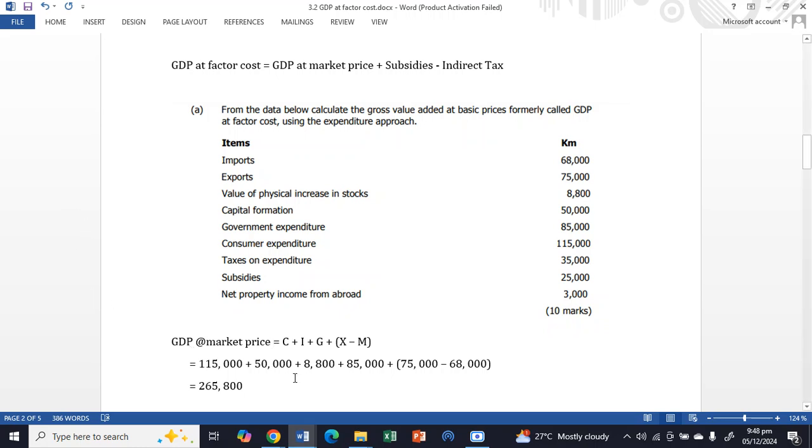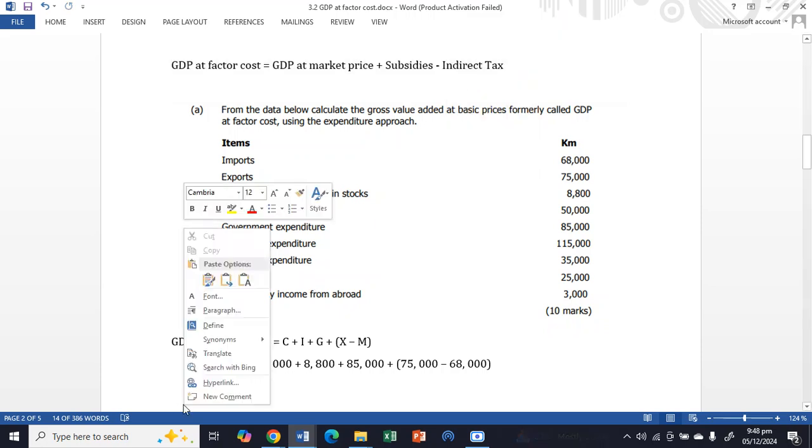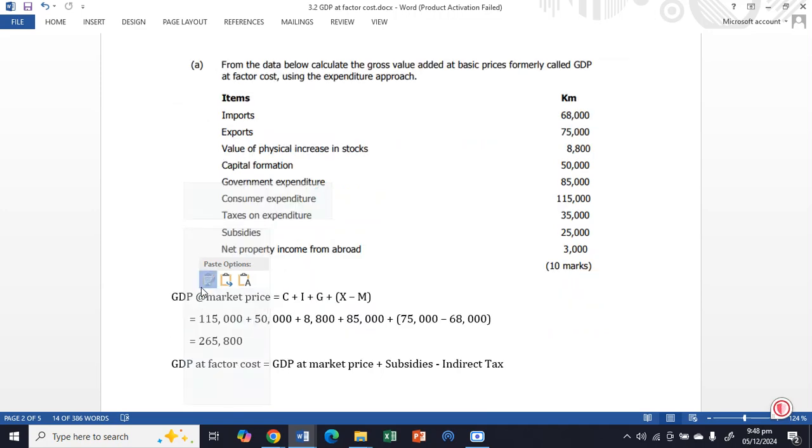All right, so now we can get our GDP at factor cost. So it is our GDP at market price, 265,800, plus subsidies 25,000, minus indirect taxes, so taxes on expenditure.